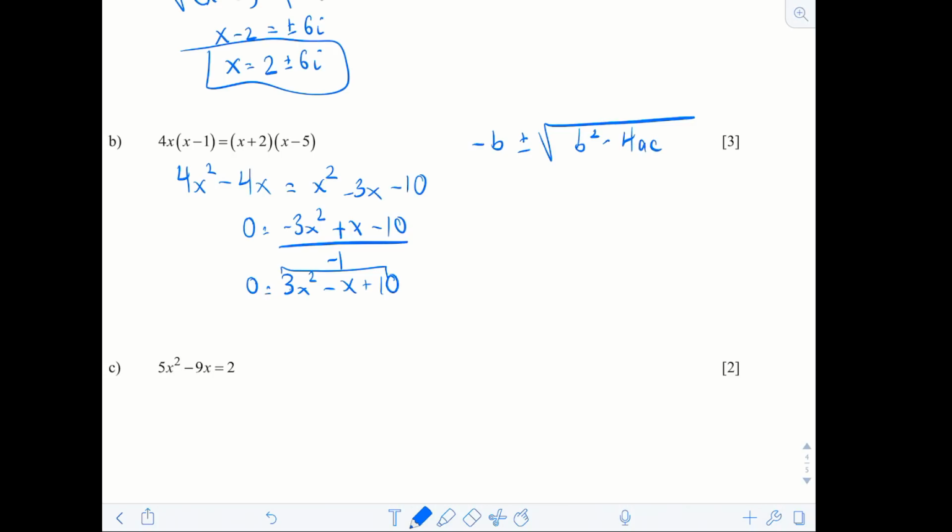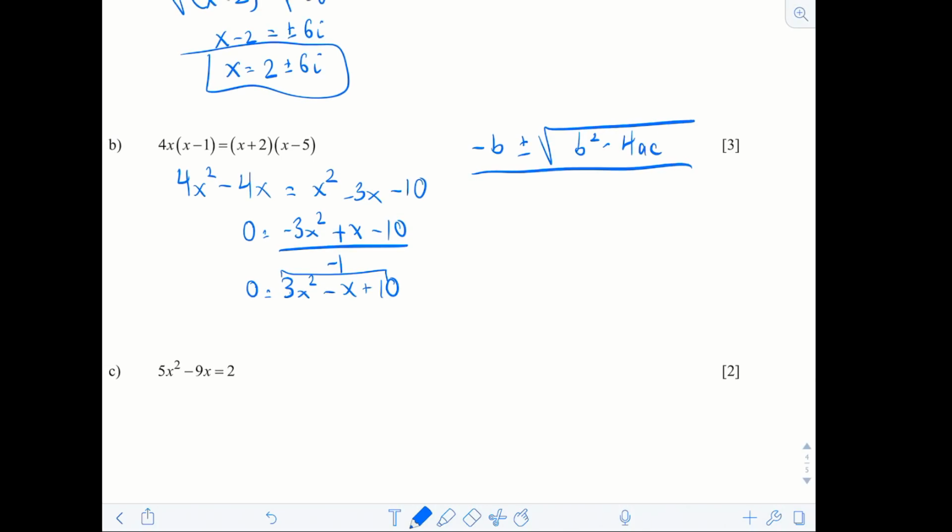opposite b plus or minus the square root of b squared minus 4ac all over 2a. So the opposite of b, which would just be left with 1, plus or minus the square root of 1 squared, right? I could actually write that as -1 squared, but that's just going to end up becoming 1 anyway. So minus 4 times a, which is 3, times c, which is 10, all over 2 times a, which is 3.